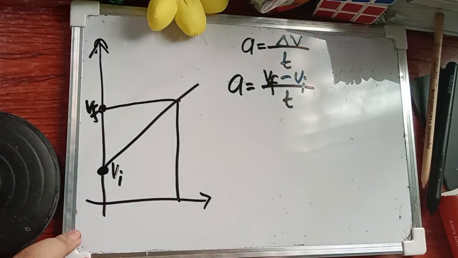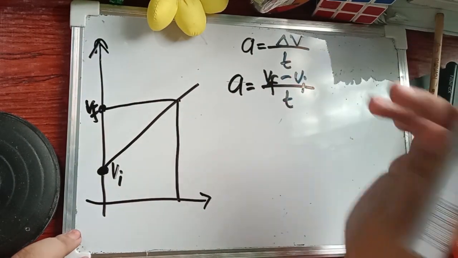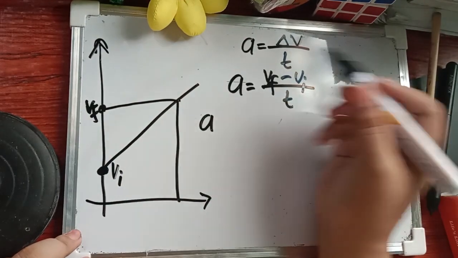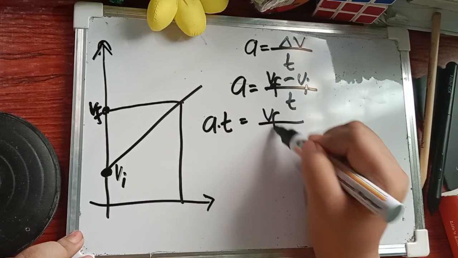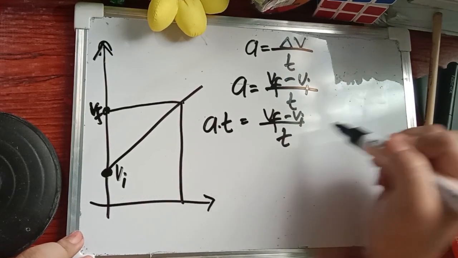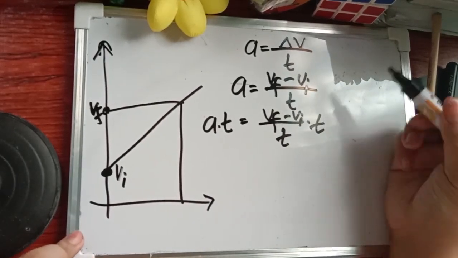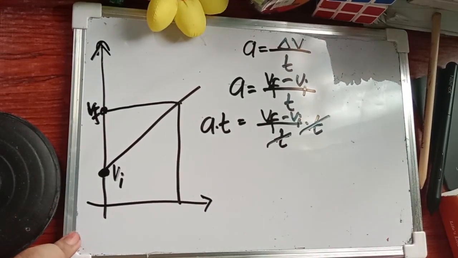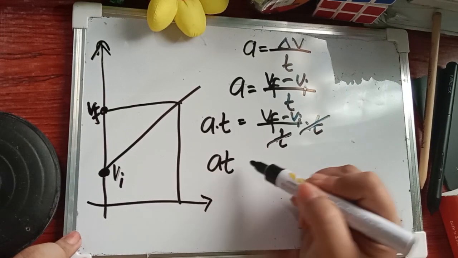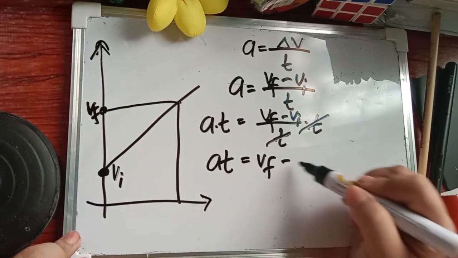In order to get the final velocity, we multiply time on both sides of the equation: at equals v sub f minus v sub i over t, multiplied by t as well. Then cancel the time here, and you will be left with at equals v sub f minus v sub i.